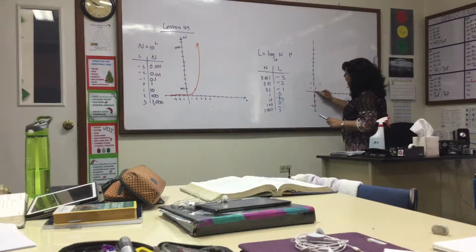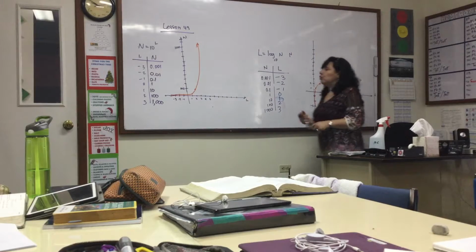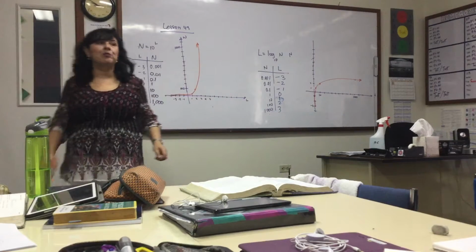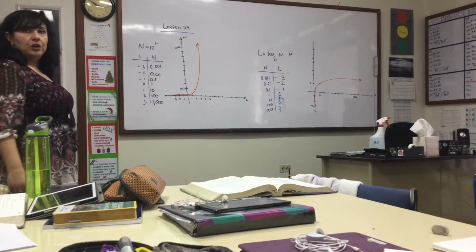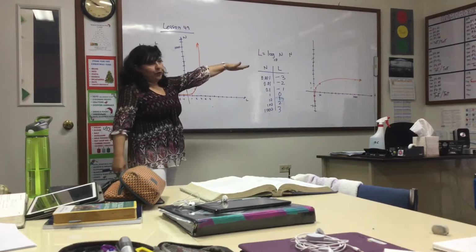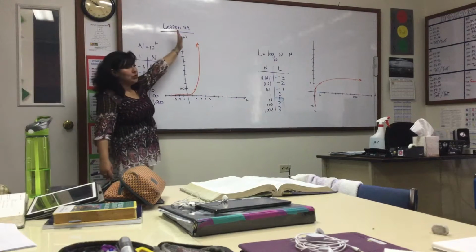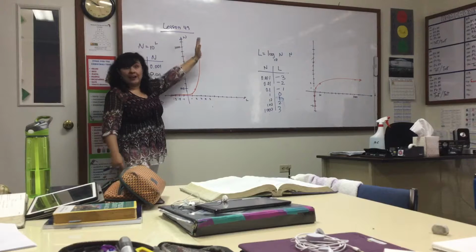So what do you see happening? You don't see the difference? You still think it's the same graph? No. Completely different. That one grows on the x-axis, on the horizontal axis, whereas this one grows on the vertical axis.